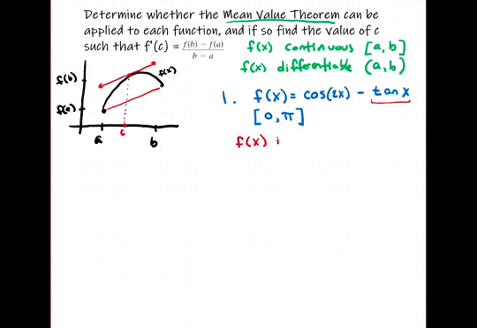So f of x is not continuous when x is equal to pi over 2. So in this case, the mean value theorem does not apply. Mean value theorem doesn't apply.